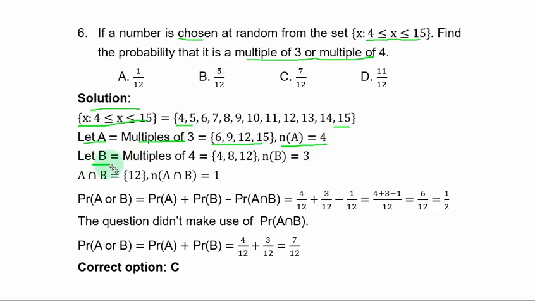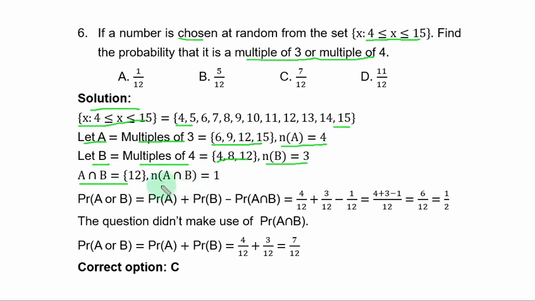For set B, multiples of 4, you write out all the numbers that 4 can divide. They are 3 in number. You have to check whether there is intersection or not, and by checking, you have it to be one element.